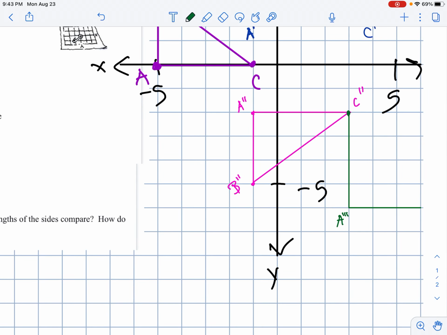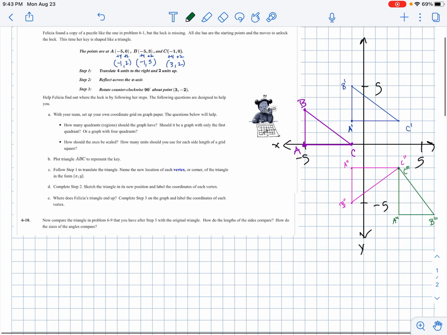That's our third transformation, and you can see B triple prime over here. And then to finish this triangle off, just go right there. Since we're rotating basically about point C double prime there, (3, -2), it doesn't move, so C triple prime is also right there at that exact same location.